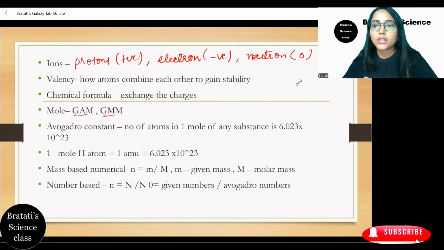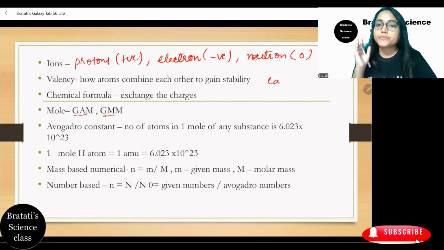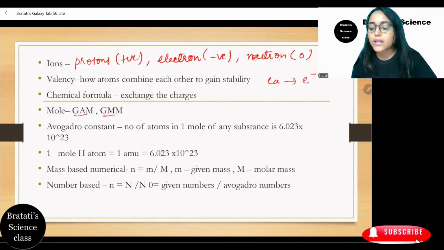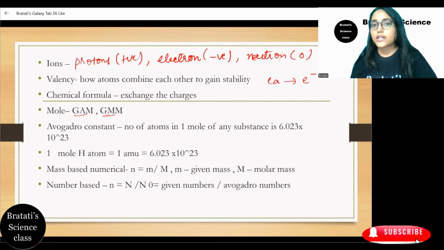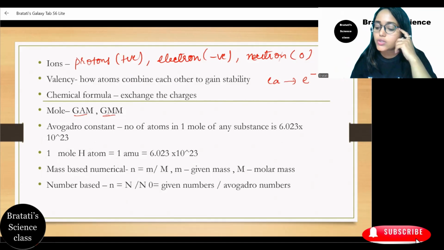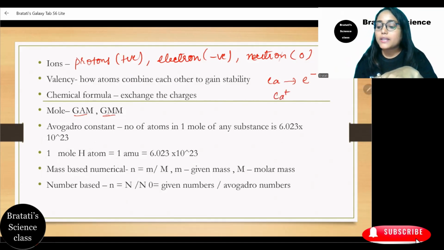Generally, when an atom is there, it is neutral. For example, Ca is neutral, which means plus and minus are in equal amount. Now if it gives two electrons or one electron to some other atoms, because they do electron sharing, electron releasing or electron accepting, they can either accept, release or share their electron. So if calcium gives away an electron, obviously it will be plus. It now has a plus charge because it has become positive, because the negative charge is gone.